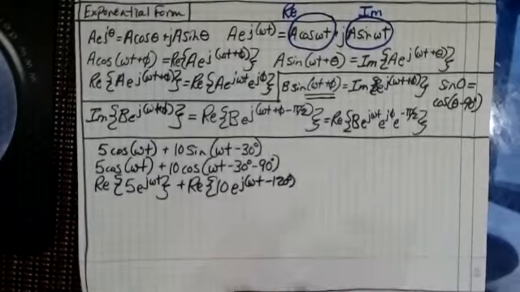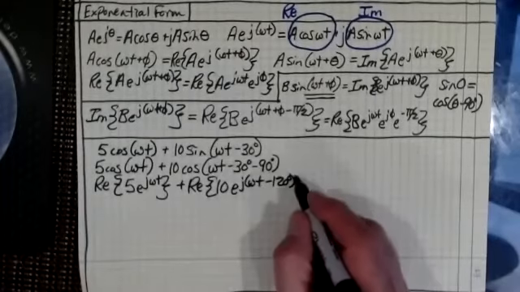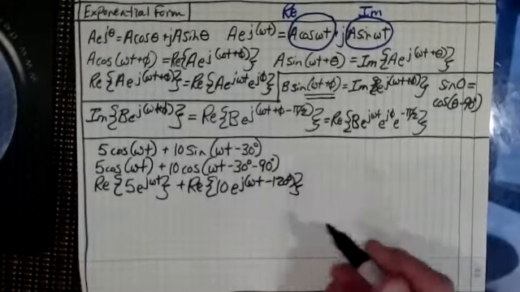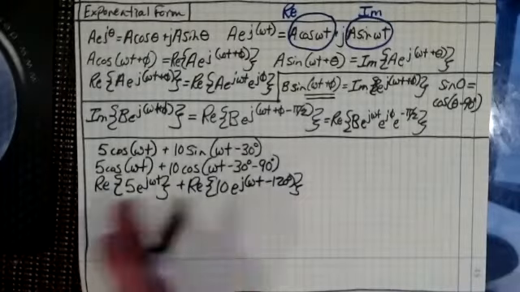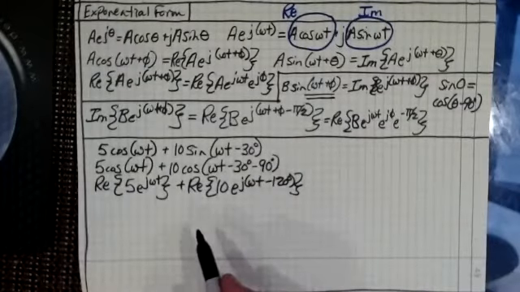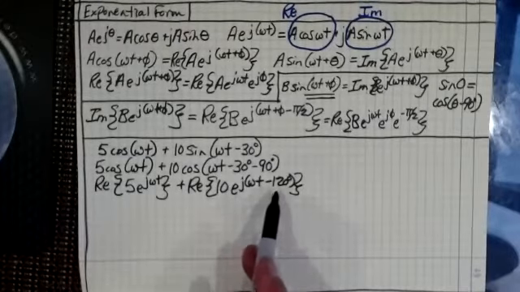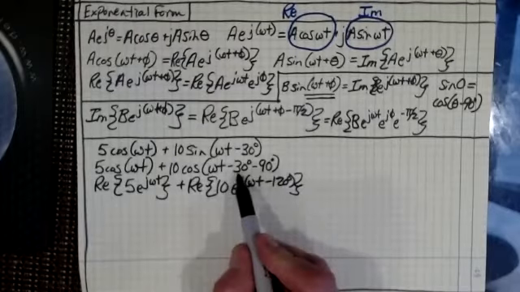Now, 120 degrees, as everyone knows, is 2/3 pi, because it's 2/3 of the way to 180 degrees, right? And of course, I've still got to put my real bracket around there, right? So I've got that, like that. I hope nobody has any questions yet, right? Because I've just added these two together.